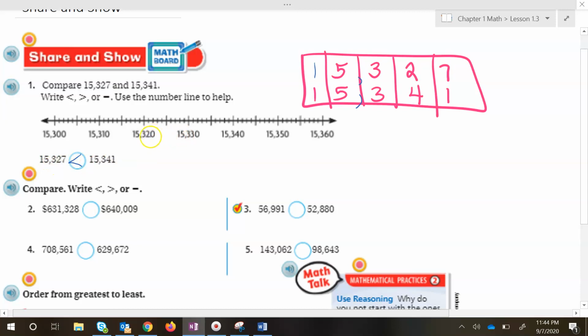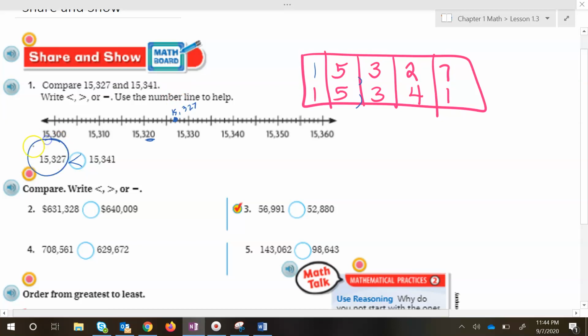So 15,327, well, we know that right here is 20. So we know that from each line to the next line is 5s. So that's 15,325. And so we know we need to do 26, 27. So right there is 15,327.